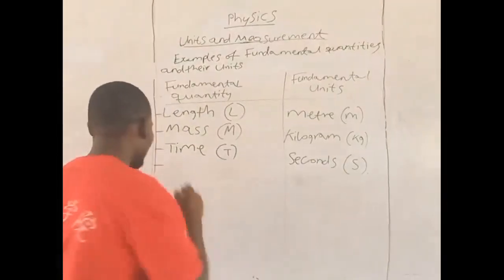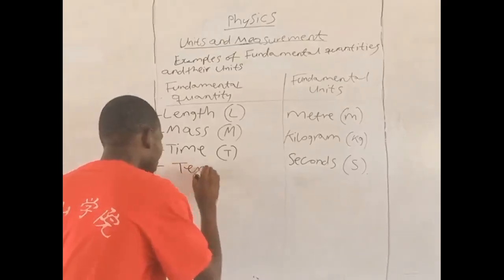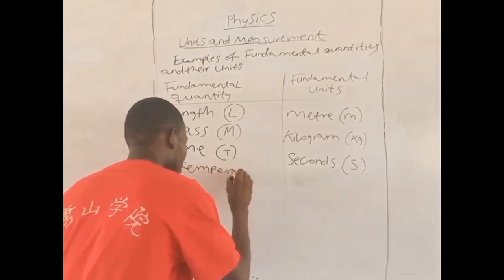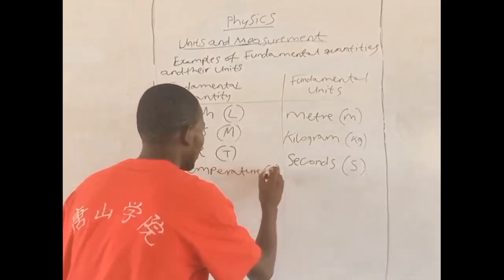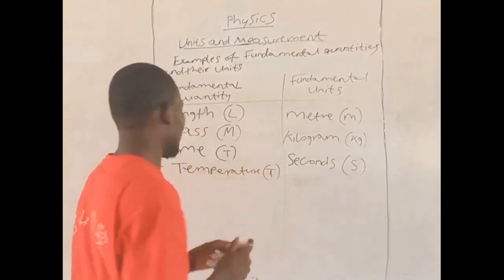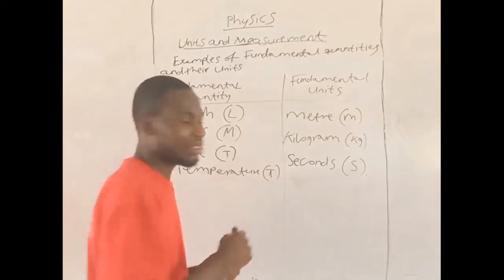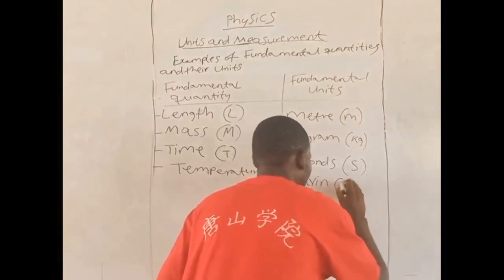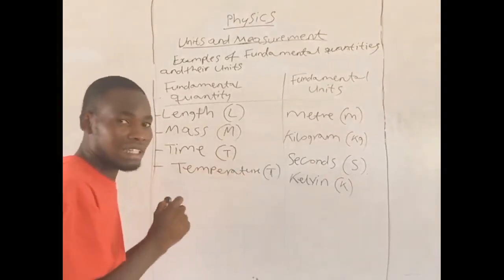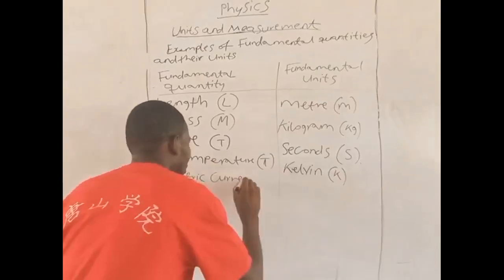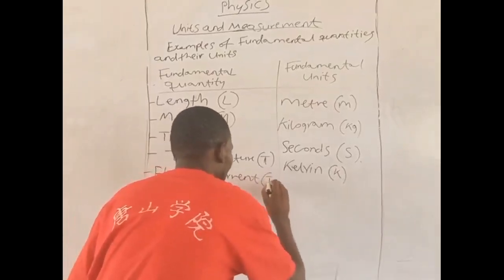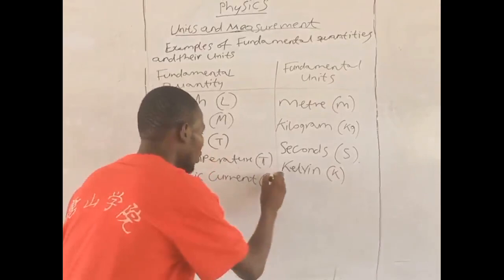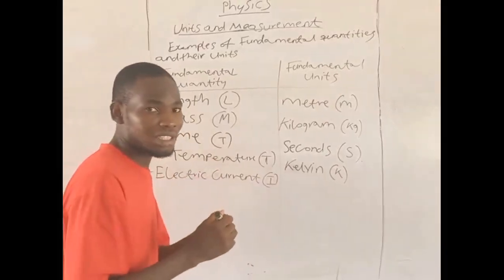Another is thermodynamic temperature, and the unit of temperature is Kelvin. Another is electric current, and the unit of electric current is ampere.